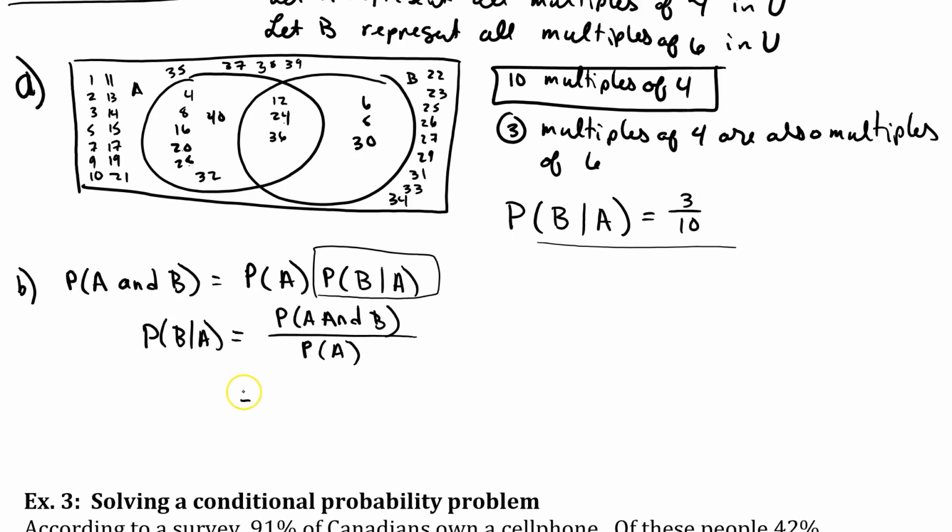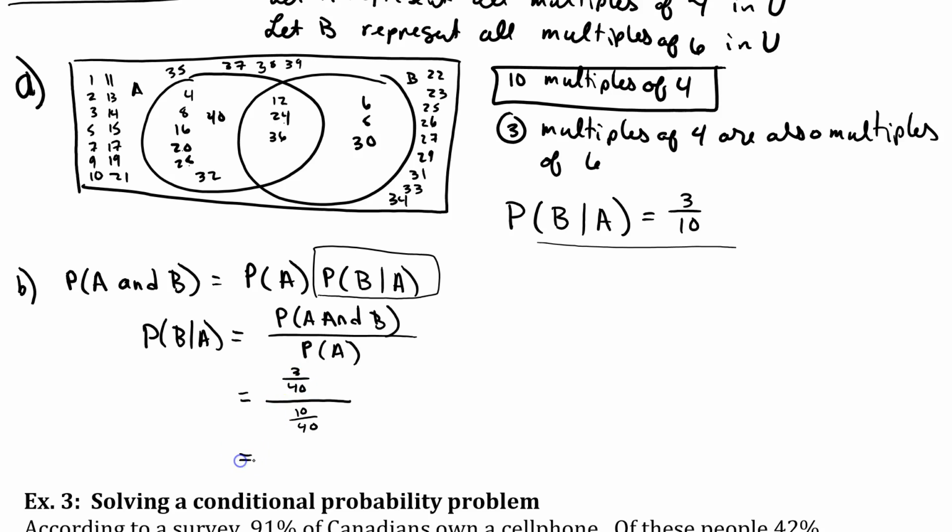So the probability of A and B is this ticket right here. There are 3 out of 40 numbers in total. So we have 3 over 40. And the probability of A, the probability that a number between 1 and 40 is a multiple of 4, is going to be 10 out of 40.